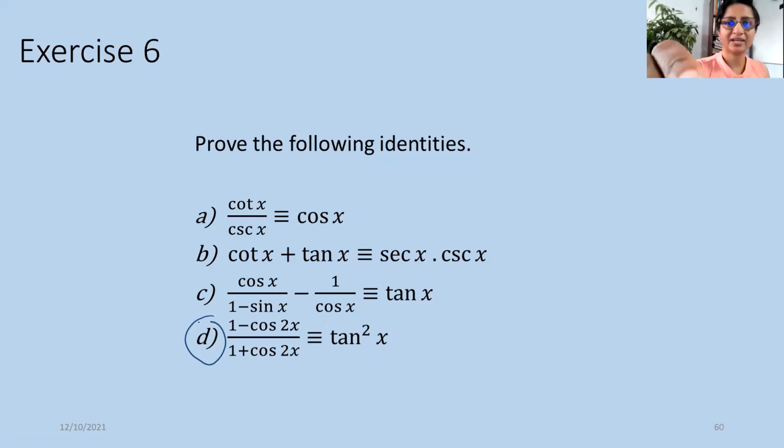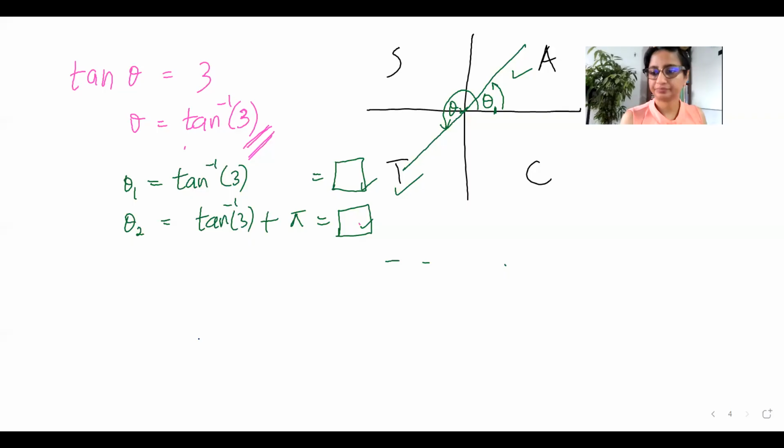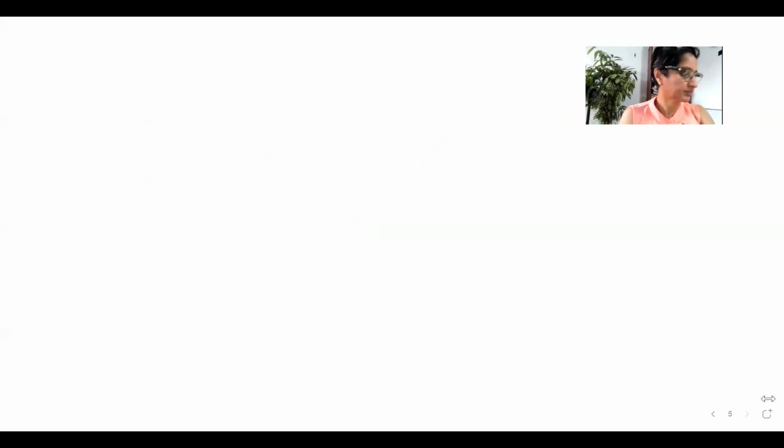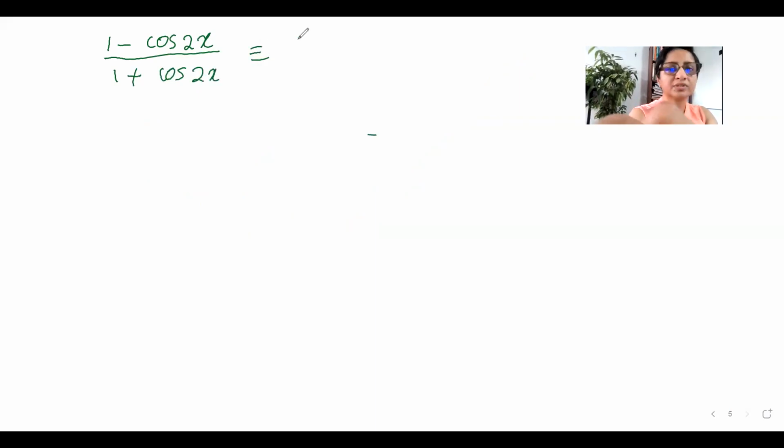So if I take you to the board, what we had was 1 minus cos 2x over 1 plus cos 2x is identical to tan squared x. This is what we have to prove.